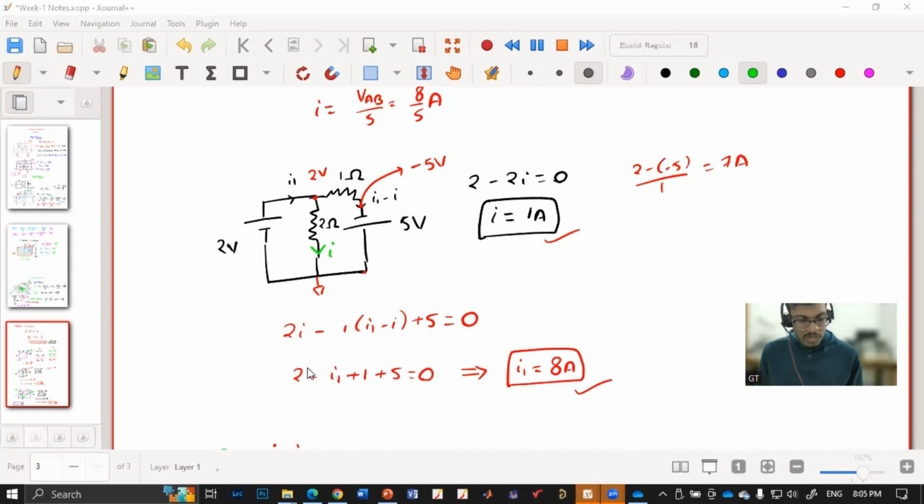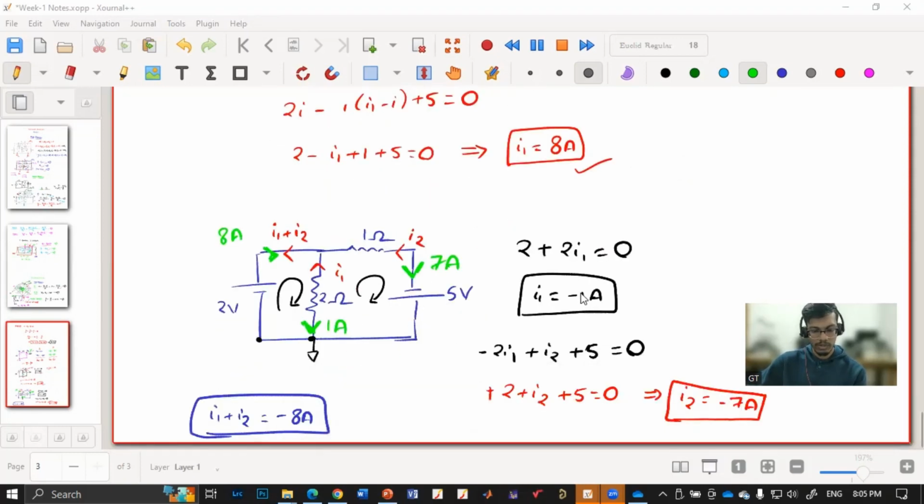I also request all the students to solve any given question in 2 different ways, considering 2 different current directions. Then you will understand how the current direction changes your equation, but you will still get the same results. Whatever is plus in case A could be minus in case B, but you will get the same results.